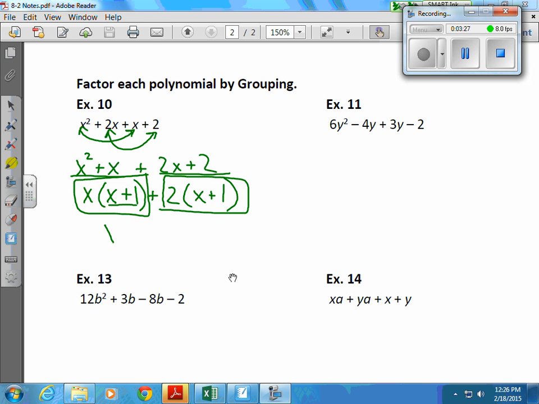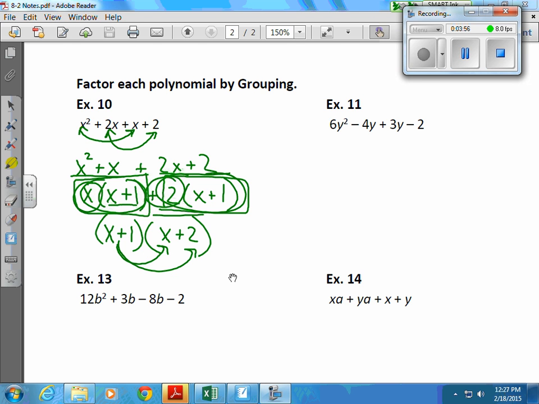So I can actually pull out an x plus 1 from both of those, and I get x plus 2. Because it was x plus 1 times x, which is here, and x plus 1 times 2, which was over here. Okay. So this is what you get when you factor by grouping.